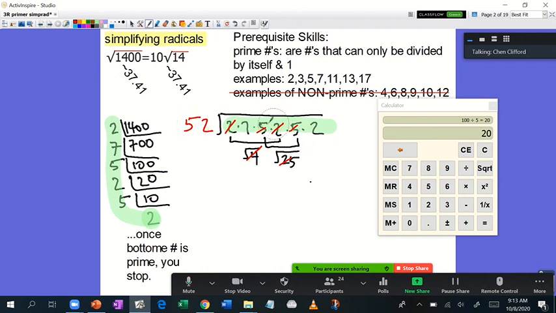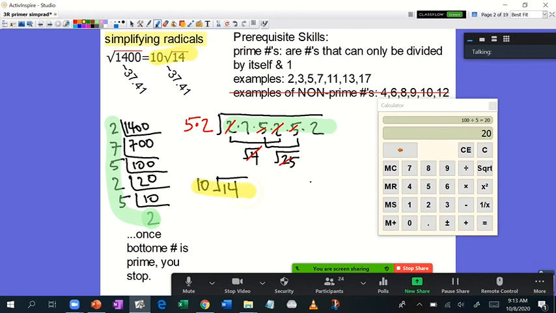There's only one 7 and only one 2. So on the outside, we got 5 times 2, which becomes 10, and on the inside, we're left with 14. This is your answer, and that's how I got this yellow highlight.